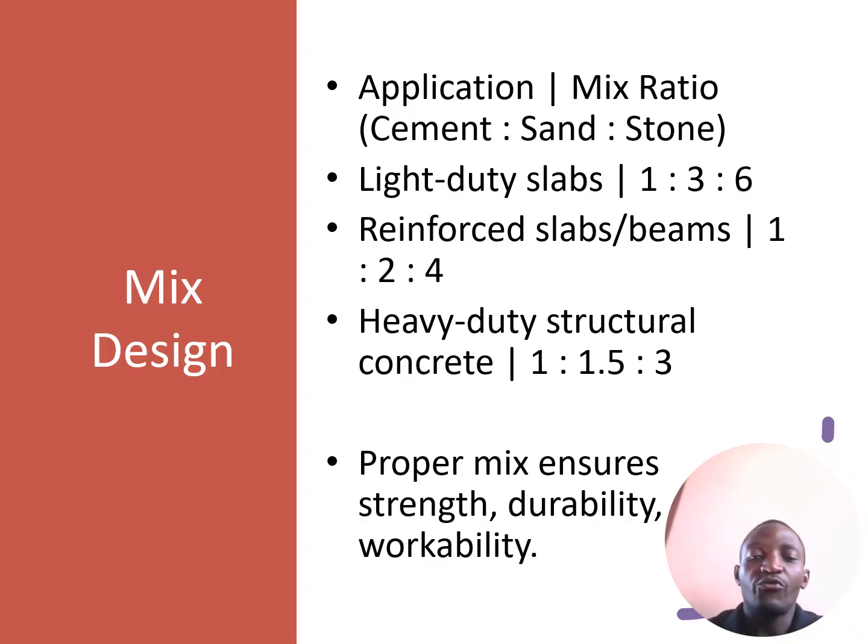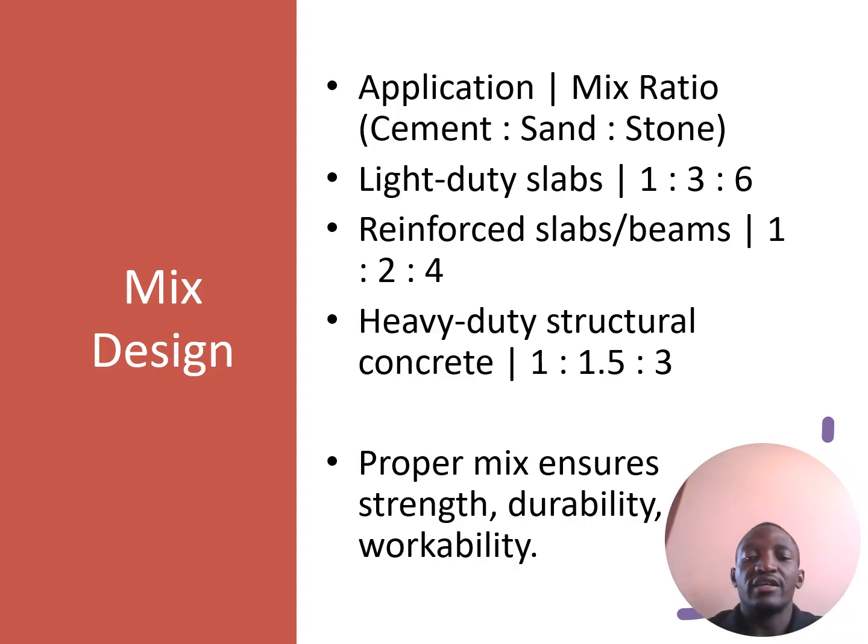And then for reinforced slabs or beams, it's going to be 1 to 2 to 4. In that case, it's going to be 1 cement, 2 wheelbarrow of sand, and 4 wheelbarrow of stone. The ratio is for reinforced slabs and beams.